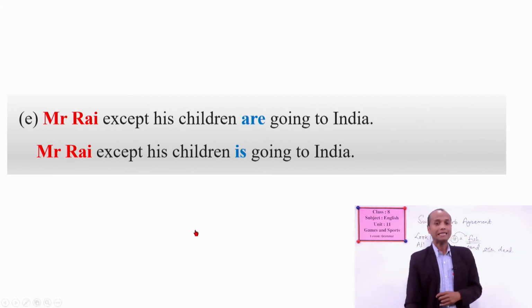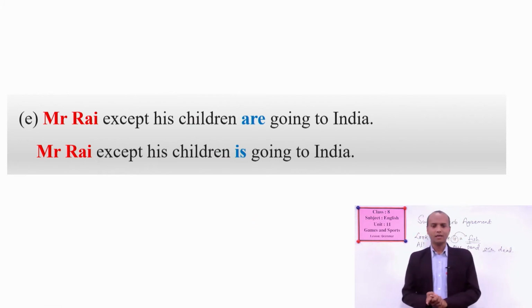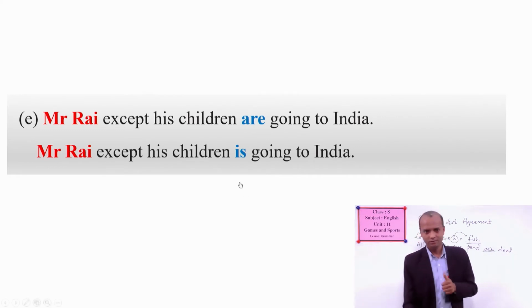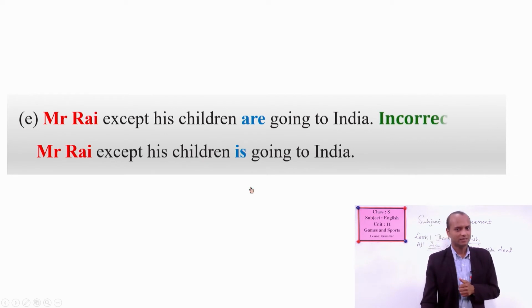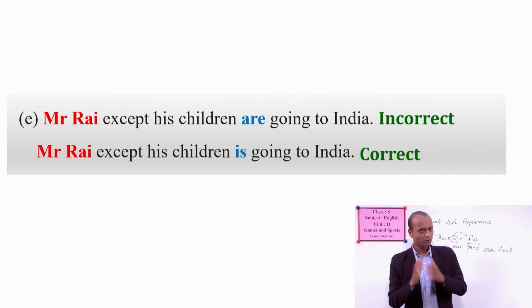Mr. Rai, except his children, are going to India. And next, Mr. Rai, except his children, is going to India. Which sentence is correct? Very good, the second sentence is correct. Why? I have just discussed it. Did you notice it?